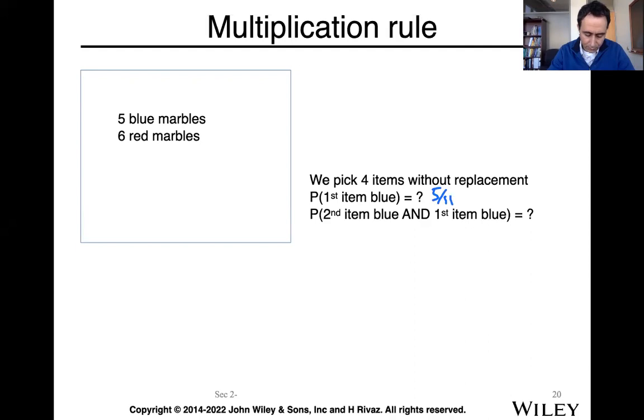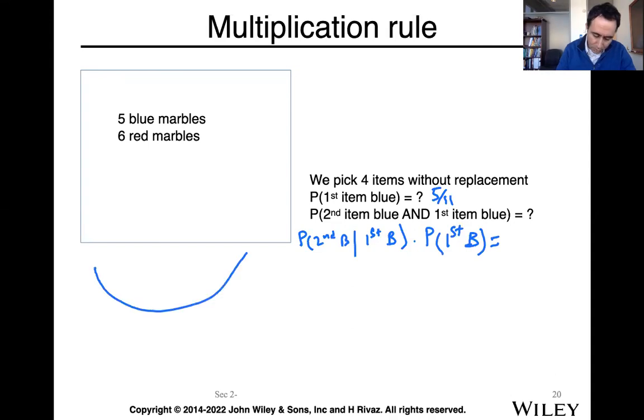Now, the probability of the second marble being blue and the first marble being blue. In this case, I'm going to write this using the multiplication rule. So that's P of second blue given first blue times probability of first blue, right? When I want to calculate this, I have to change my sample set because I know that the first item is blue.